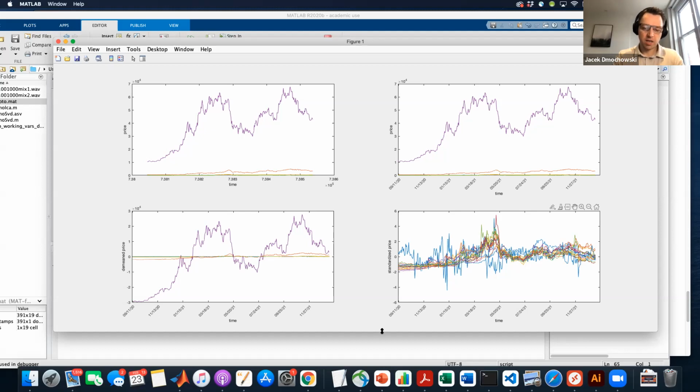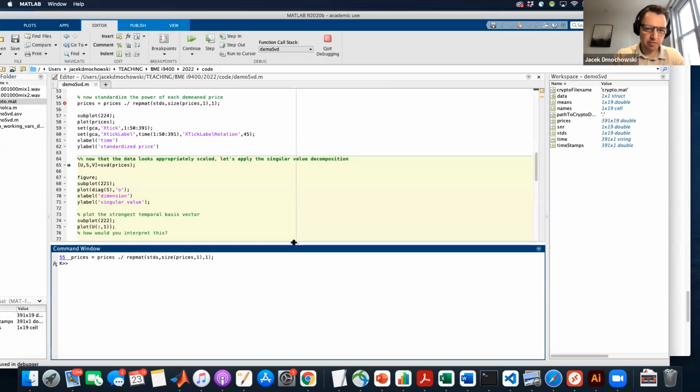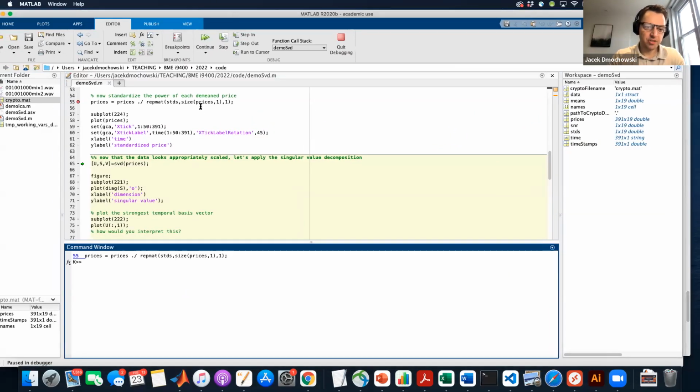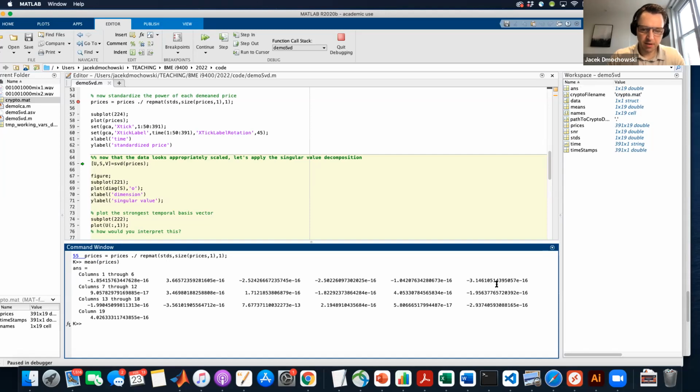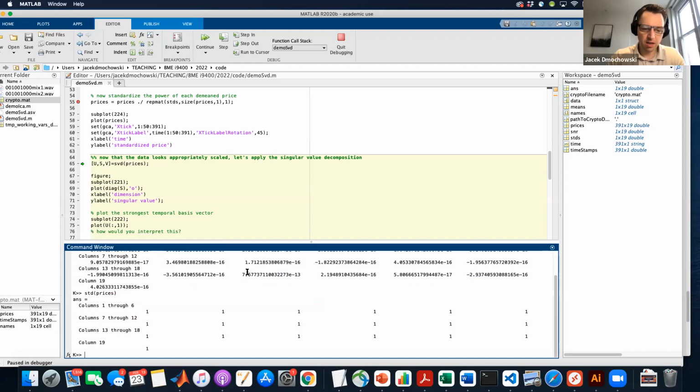Okay, so the last thing I want to show you before I do the SVD is to just verify that the mean of prices is going to be equal to 0. It's a very small number, numerical precision, and the standard deviation is going to be equal to 1.